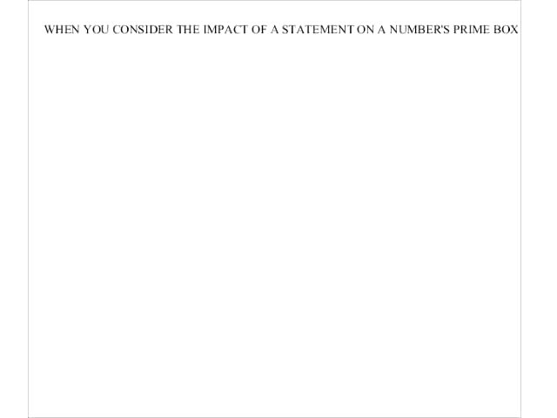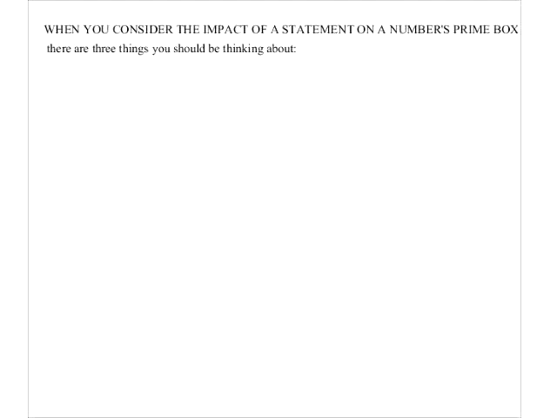The generalization is this. When you consider the impact of a statement on a number's prime box, there are actually three things you should be thinking about. Here they are.